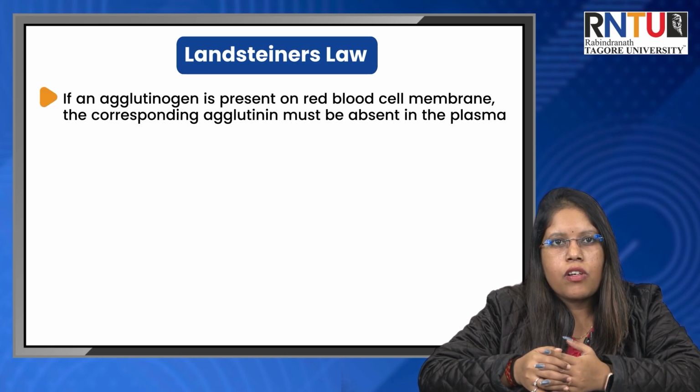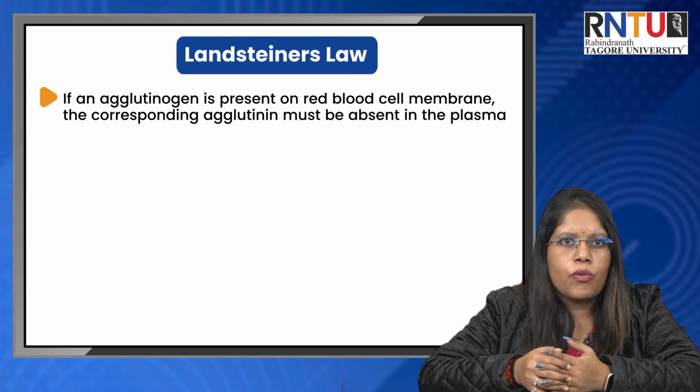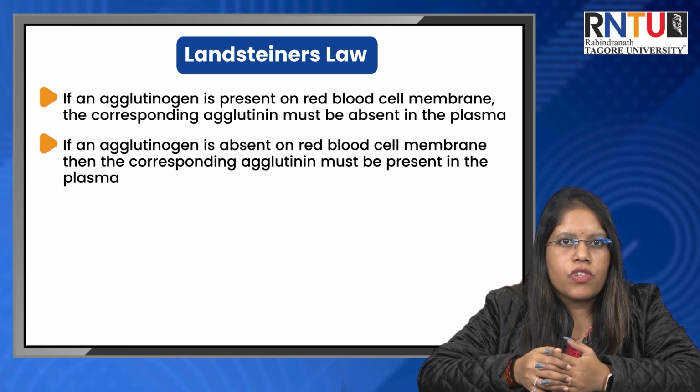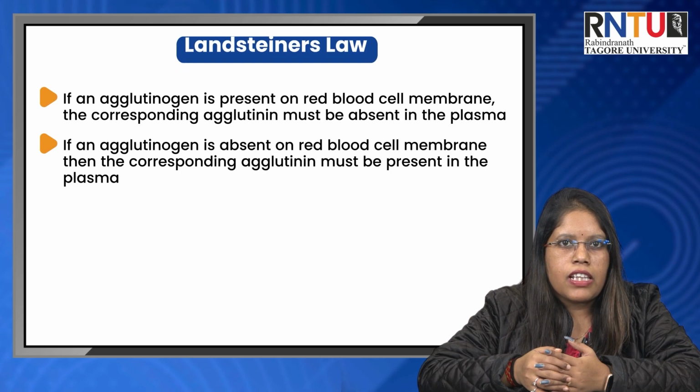Landsteiner law. If an agglutinogen is present on the red blood cell membrane, the corresponding agglutinin must be absent in the plasma. If an agglutinogen is absent on the red blood cell membrane, then the corresponding agglutinin must be present in the plasma.